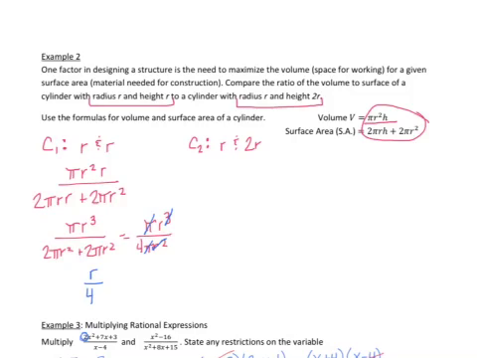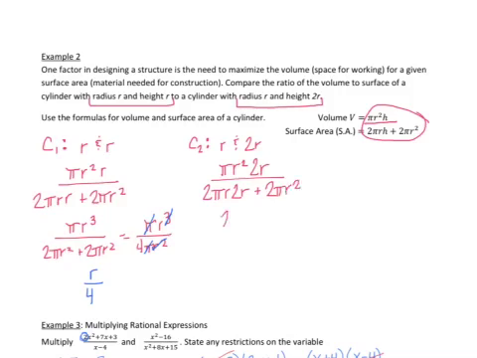All right, let's do the other one. So we plug into the formula. So pi r is r squared, and then we plug in 2r for h, over 2 pi r, and then 2r for h, plus 2 pi r is r squared.